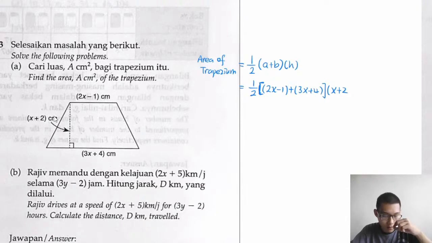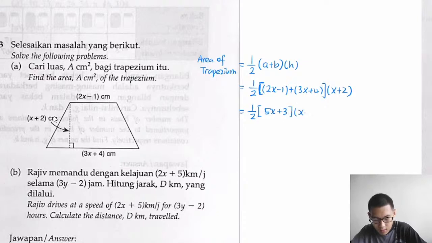Here is the solution. Now we try to solve. The first thing is to solve the inside. We have 2x plus 3x is 5x, negative 1 plus 4 is 3.